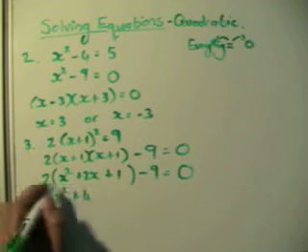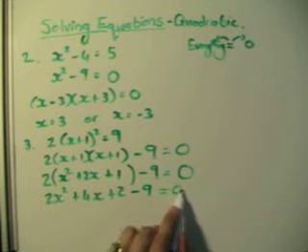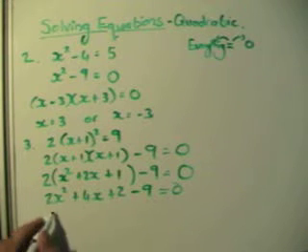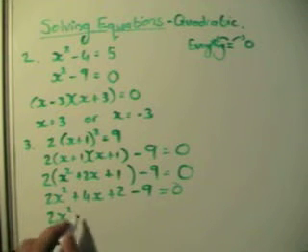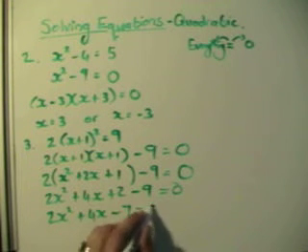So I combine the terms, and now I can make the 9 part of the group. It has found a friend. So I have 2x squared plus 4x, and then 2 minus 9 is minus 7.